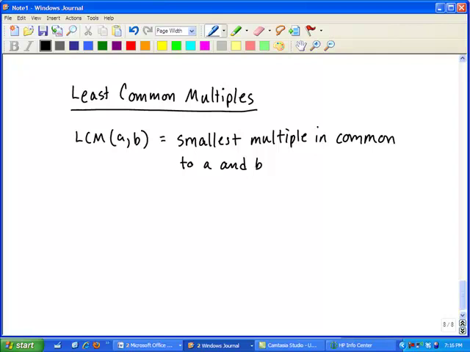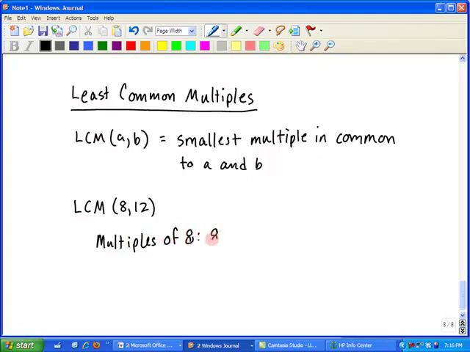So let's look, for example, at the least common multiple of 8 and 12. We'll start small. What we have to do is look at multiples of 8. Don't think factors, because that's not the same thing.